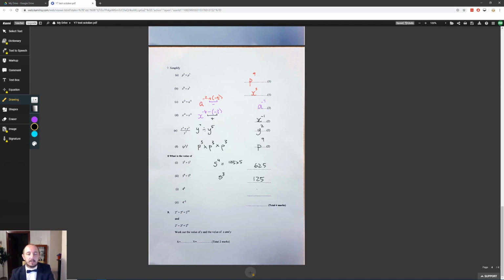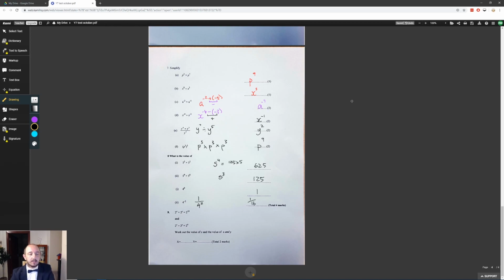Anything to the power of 0 is just 1, and 4 to the power of minus 2 is the same as 1 over, because that's the minus sign there, and we turn the power to a positive. So 1 over 4 squared is 1 over 16, 1/16.